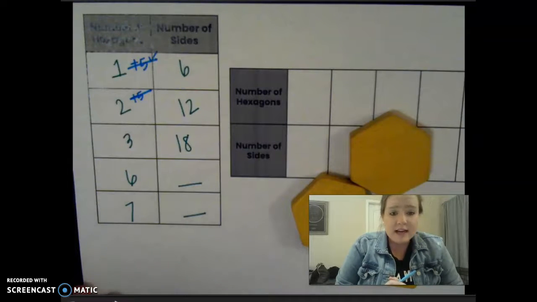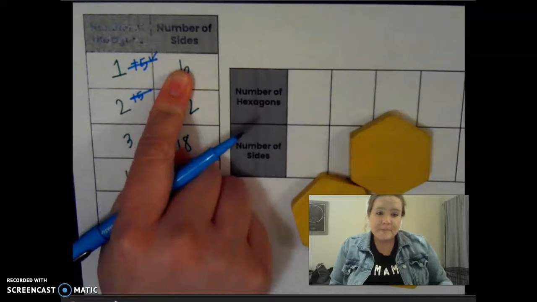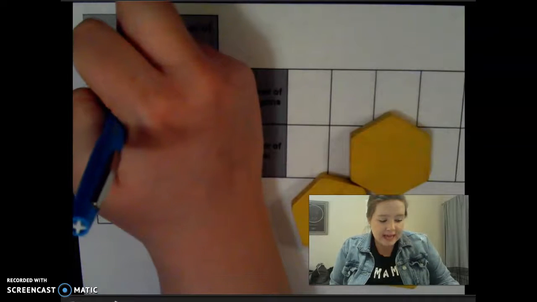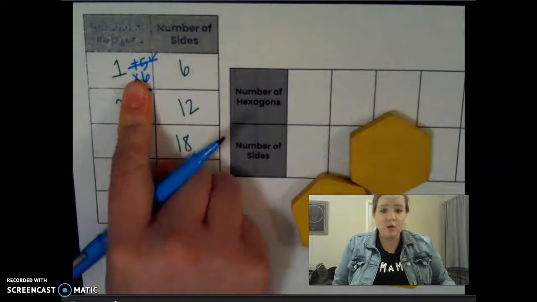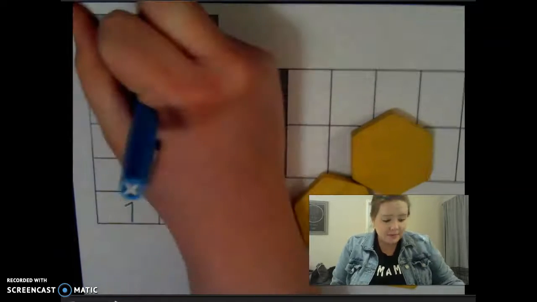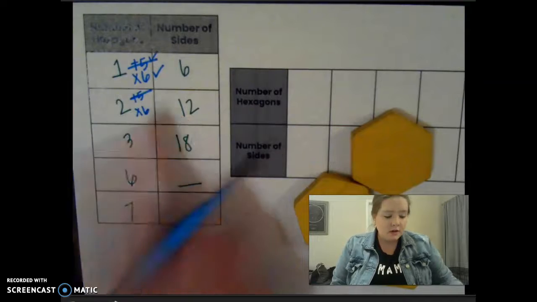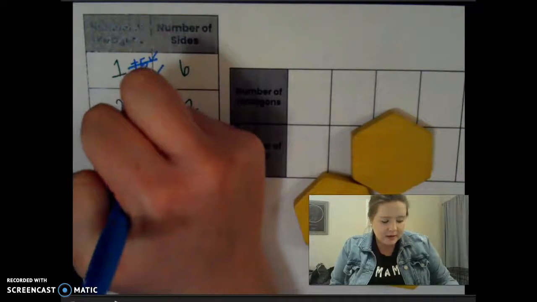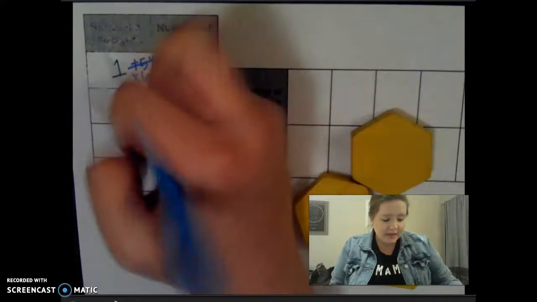Okay, so what else can I do to get from 1 to 6? All right, someone said multiply by 6. 1 times 6 equals 6. 2 times 6 equals 12. 3 times 6 equals 18.